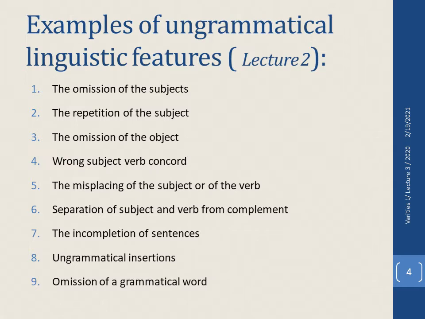So these are, briefly, some of the examples of the aspects of grammaticality in spoken English. If you want to find out even more about them, go to your previous lecture where you have a detailed analysis of all these examples.